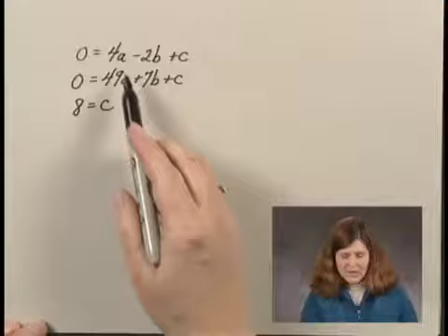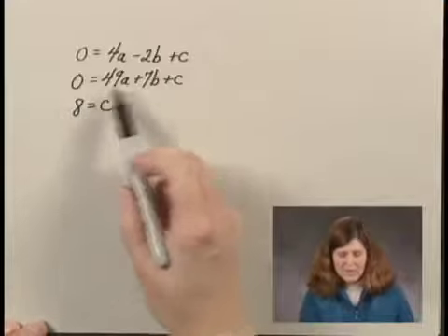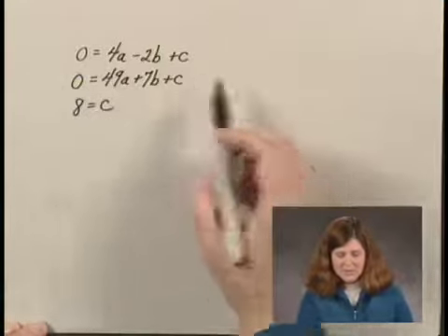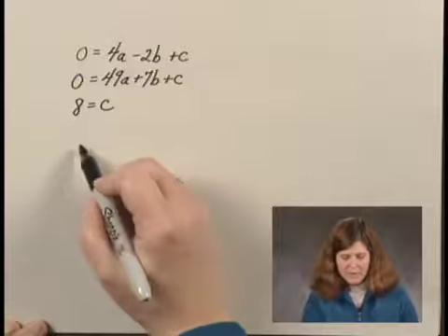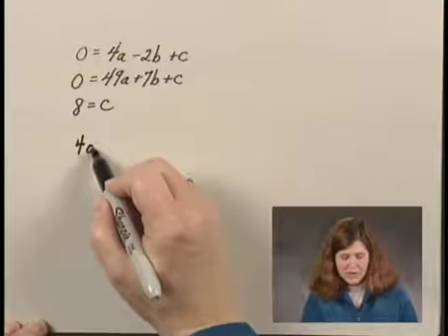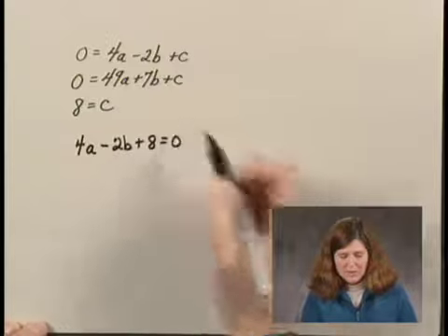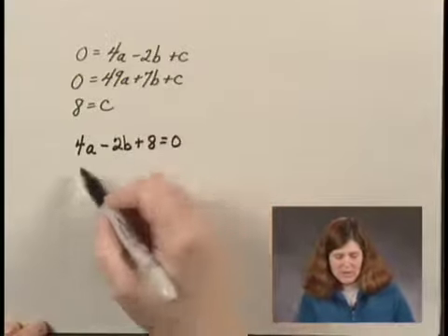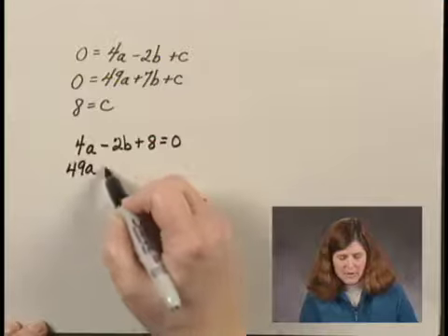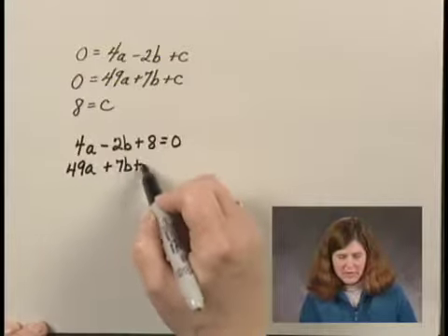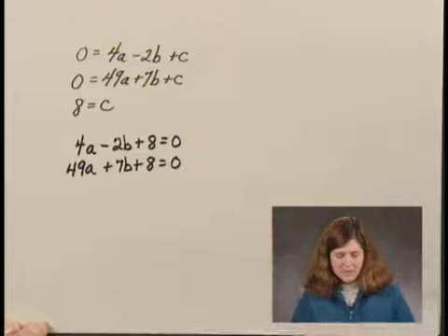So I'm going to write this with the 0 on the other side, to make it a little bit more direct: 4a - 2b + 8 = 0, and substituting 8 for c, 49a + 7b + 8 = 0.